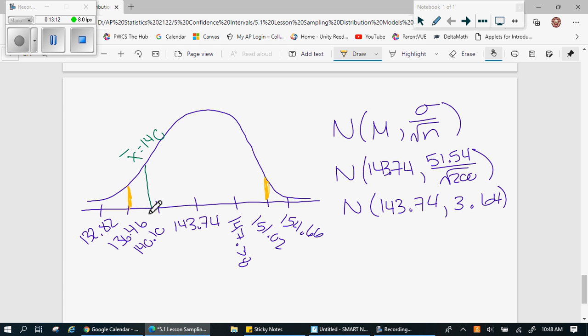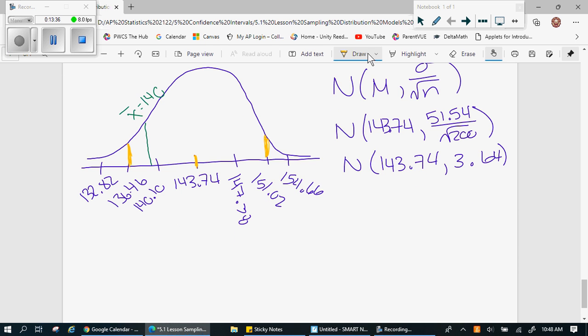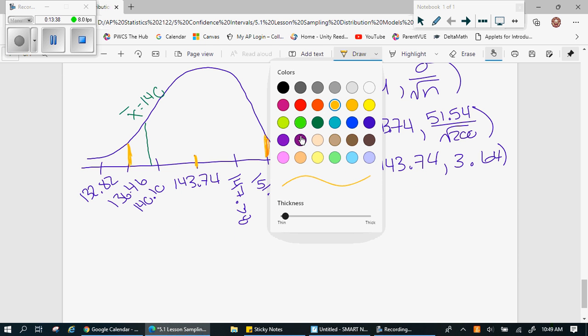Our sample mean is just slightly more than 1 standard deviation below our population mean, so it's not unlikely, it's not unusual. This could happen a lot. If we kept sampling 200 female students, it wouldn't be unlikely to get a sample average of 140 pounds or something close to that. So no, we would say this is not unusually low.